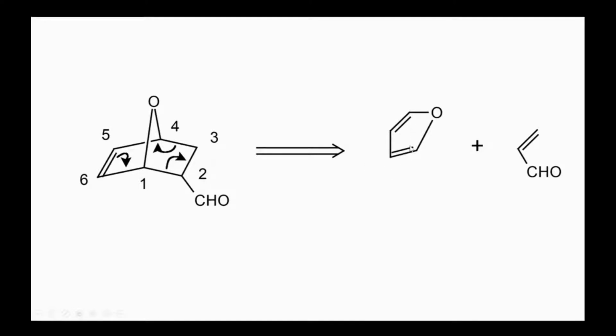It doesn't matter if it's a cyclic 1,3-diene or an acyclic 1,3-diene. As long as it's a 1,3-diene, it's fine. Then you can react this cyclic 1,3-diene with a suitable ene to get your desired product. So these two reagents, the aldehyde and this furan, react together and they will give you the product. This was another example of the Diels-Alder strategy, which you can use to prepare these sorts of compounds.